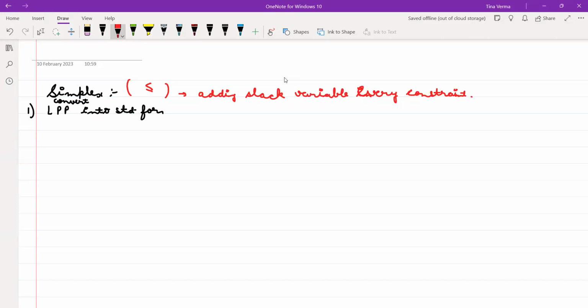So when you add your slack variables and make your table for the first time, the alpha j's that I have told you, with the variables x1, x2, x3, denote your alpha j. You are writing alpha j as all the entries in the first table.